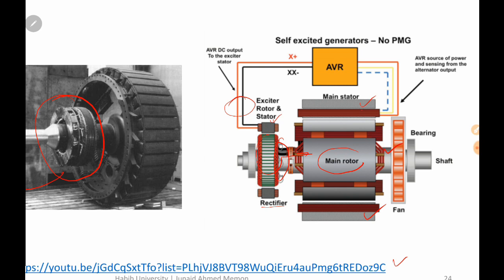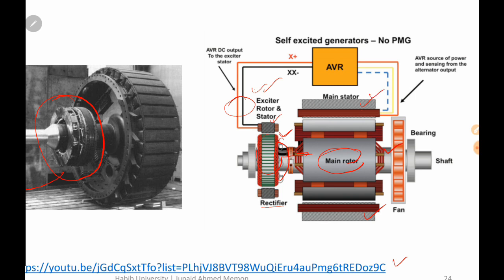It will change the voltage induced in the exciter: the higher the field current, the higher the voltage induced, and the lower the field current, the lower the exciter voltage generated. The higher the voltage in the exciter generator, the higher the current in the rotor of the synchronous generator, which means it will generate more voltage in the stator.